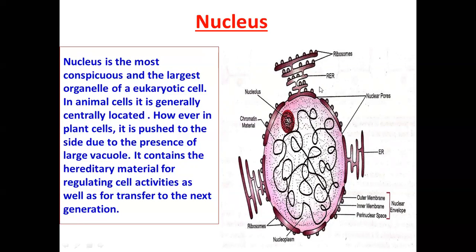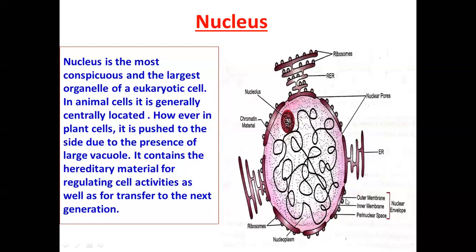As you can see in the diagram, nucleus consists of nucleolus, chromatin material, this thread-like structure, endoplasmic reticulum at the outer surface of the nucleus, pores in between the nuclear membrane, that is known as nuclear pore, and this nuclear membrane collectively known as nuclear envelope.